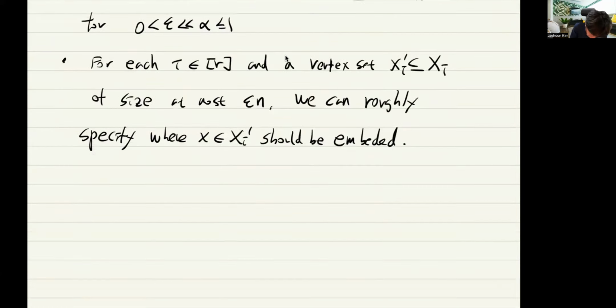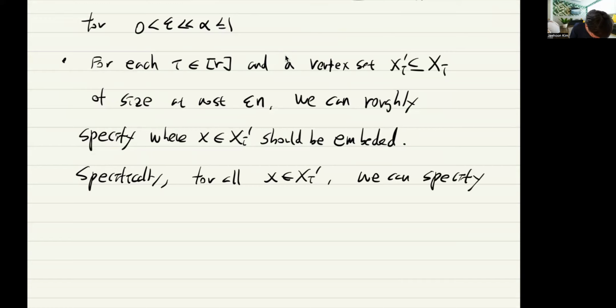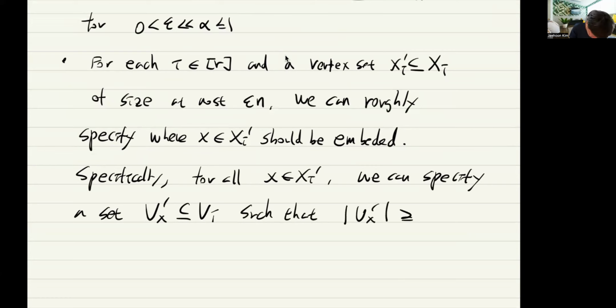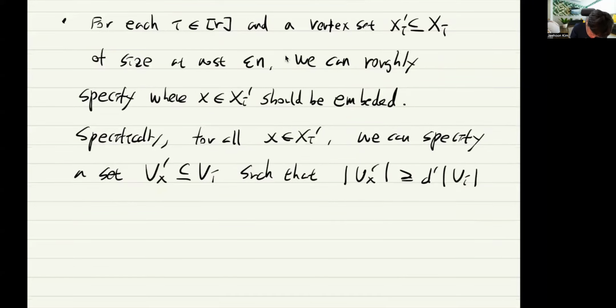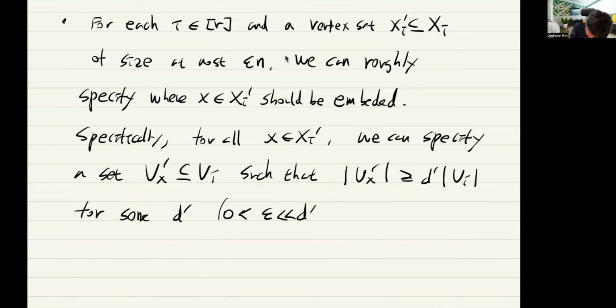Meaning that, more specifically, for all x in Xi prime, we can even specify a set, say V prime x in the Pi, which is not too small, say at least t prime times the size of Pi, where epsilon is much smaller than t prime.